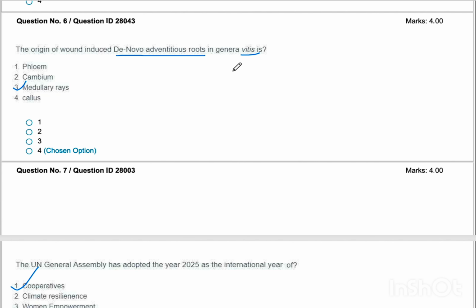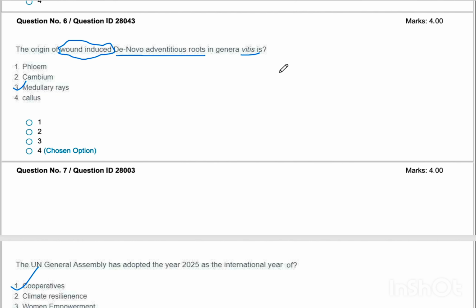Next question, question number 6. The origin of wound-induced de novo adventitious root in genus Vitis is dash. The options are phloem, cambium, medullary rays and callus. You must know what de novo adventitious roots are.